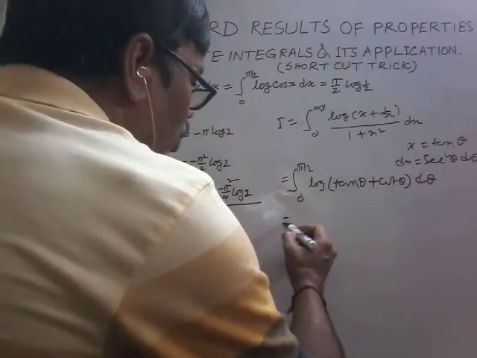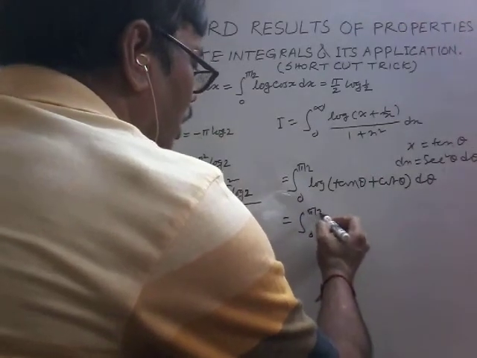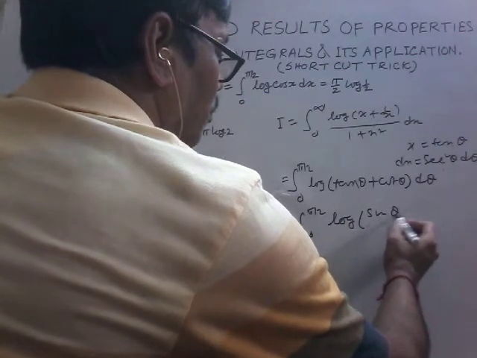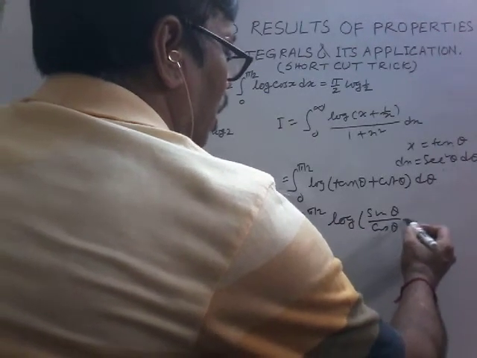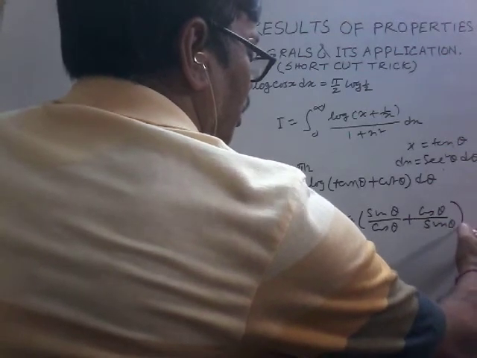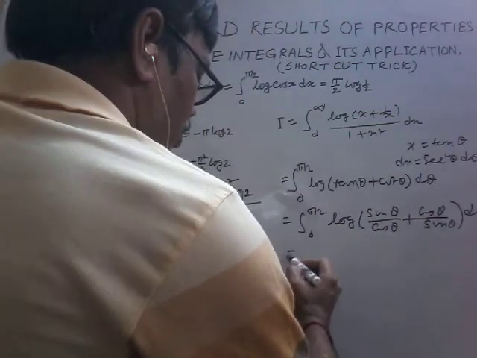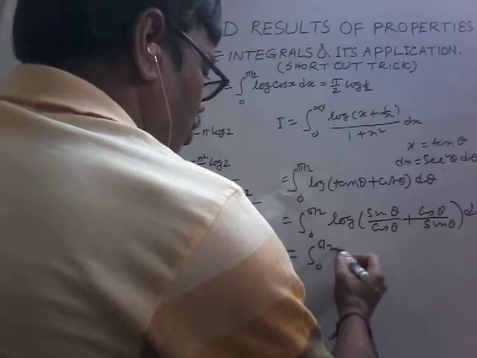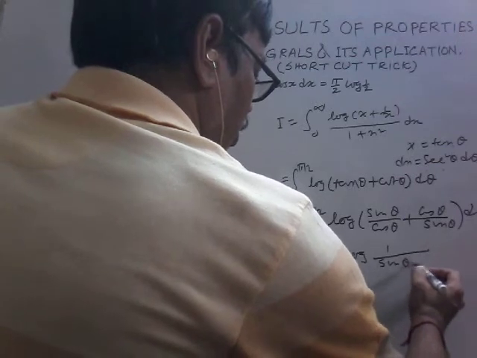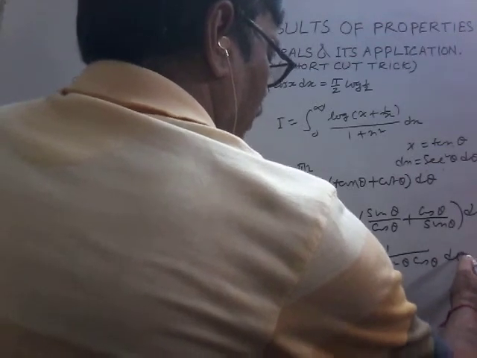Now we write it in terms of sin and cos. Log of sin theta by cos theta plus cos theta by sin theta, d theta. If you simplify, this is 0 to pi by 2 log of 1 by sin theta cos theta, d theta.